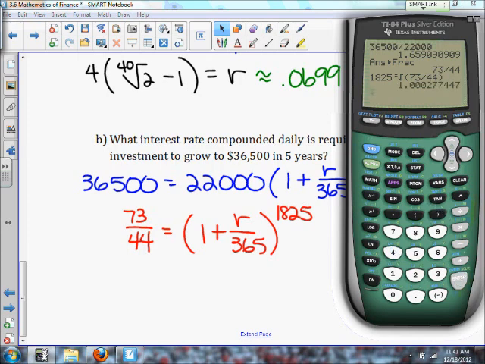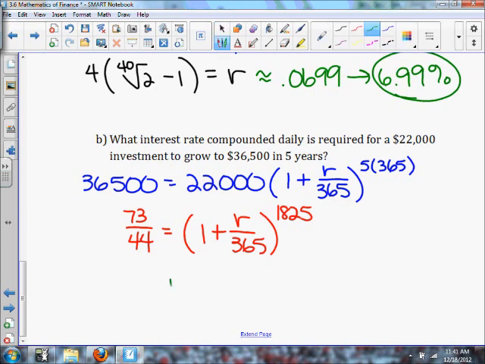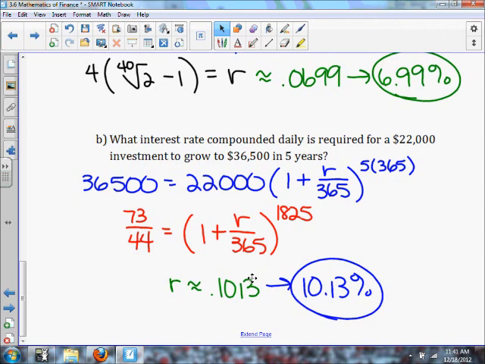We would subtract a 1 and get this, multiply by 365, and you get 0.1013, which would be about 10.13%. Are there any questions at this time?